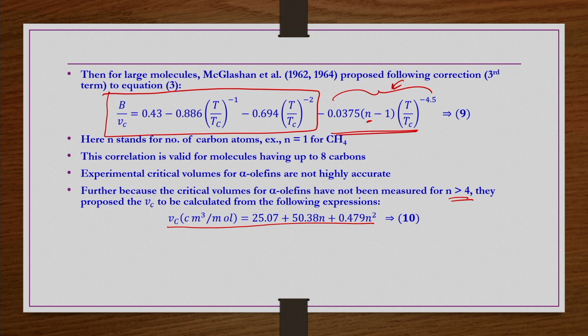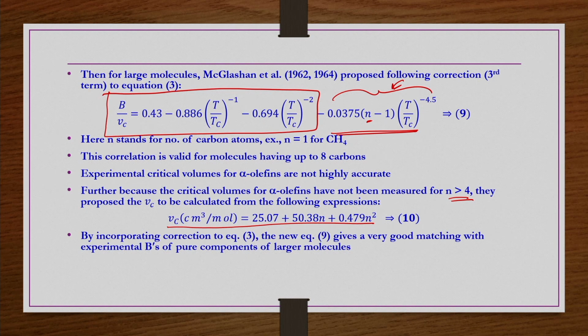a function of n. n stands for the number of carbon atoms present in the molecule. That is given by this equation: Vc is 25.07 plus 50.38 n plus 0.479 n square. Now, by incorporating the correction to equation number 3, the new equation, equation number 9, gives a very good matching with experimental Bs of pure components of large molecules as well.